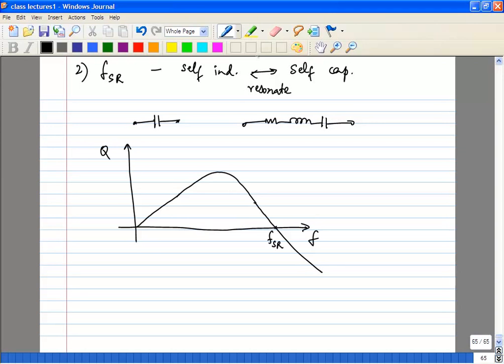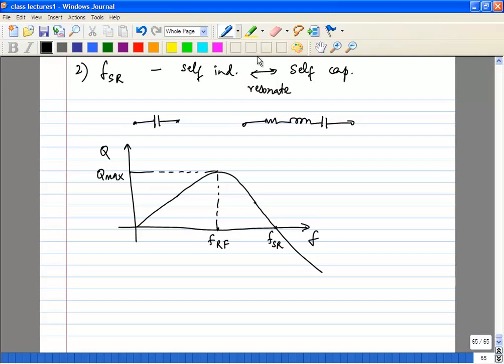And we saw last time that you want to operate somewhere close to the peak, because you are interested in maximum Q, because that gets as close to the ideal situation as possible. Let me call this FRF, which is your desired RF frequency.